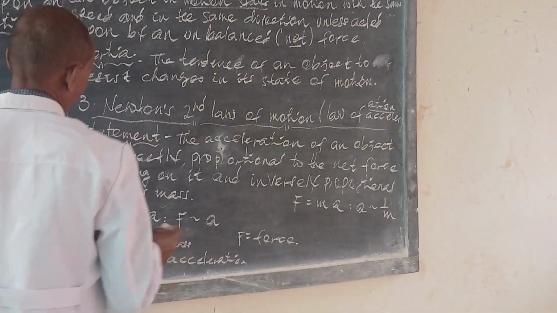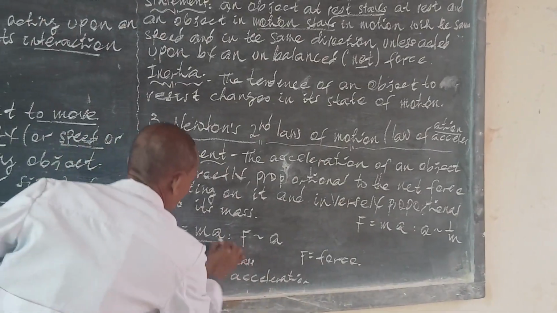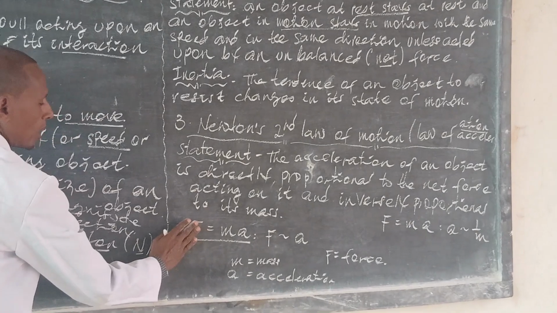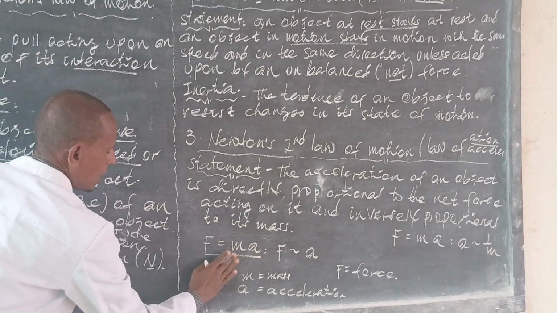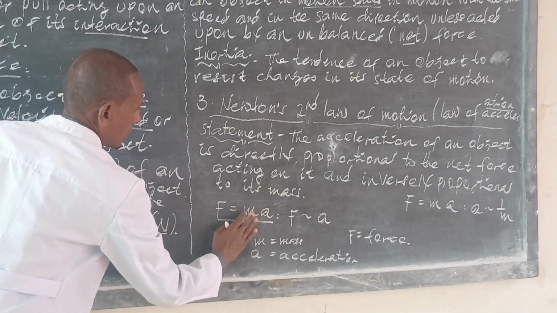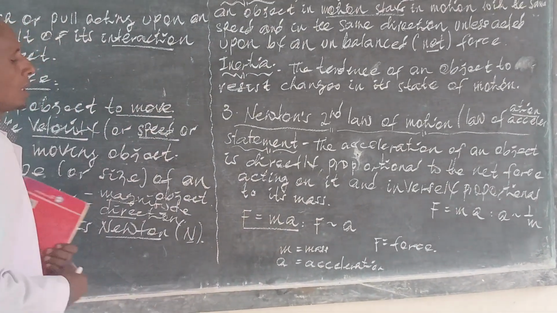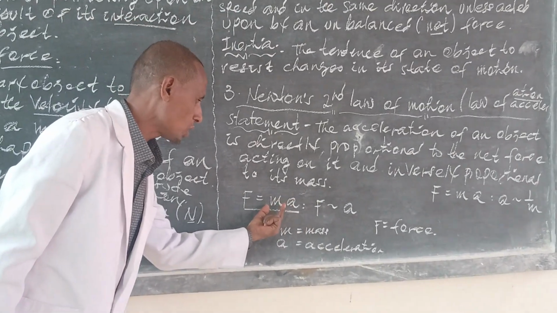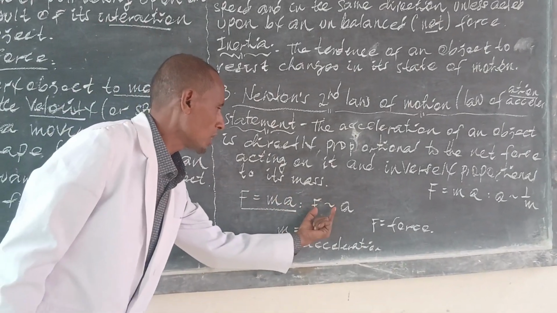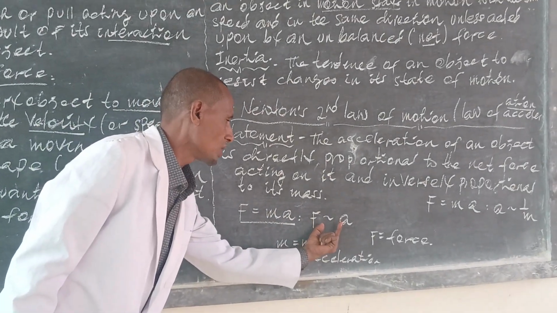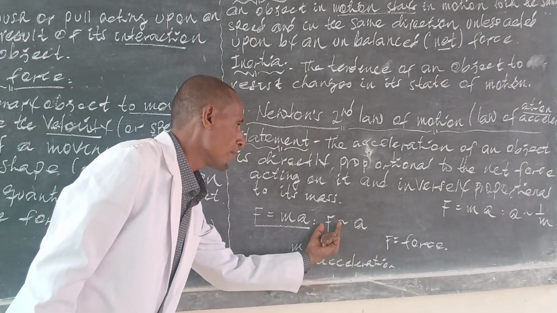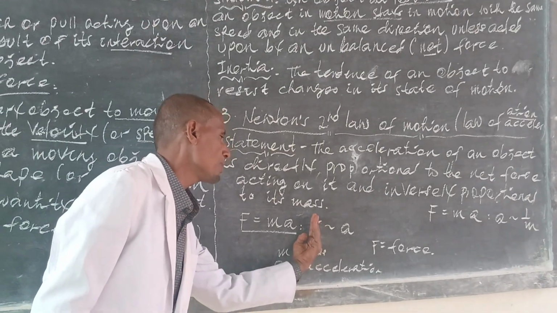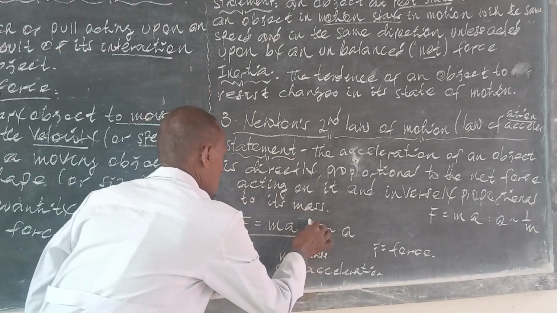The formula of Newton's second law is that the unbalanced force exerted on an object equals mass times acceleration. It means that if the mass is unchanged or constant, there is direct proportionality between force and acceleration: when the force exerted on the object is increased, acceleration is also increased.